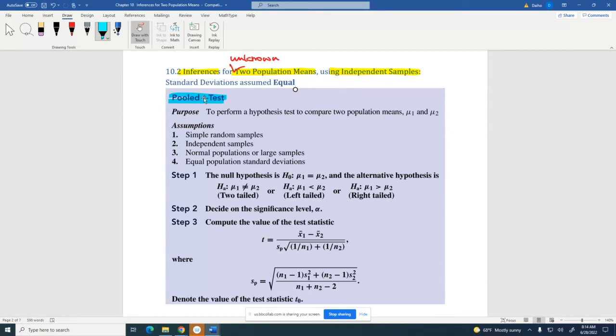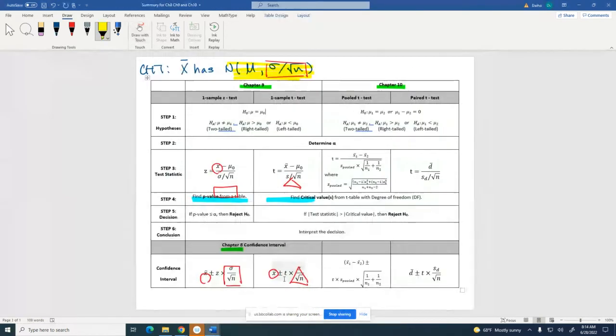Do you remember the z-test and t-test before? Yeah, I gave you the summary. The t-test and z-test are almost the same. In chapter 10, when we have two groups, two populations, the z-test and t-test are almost the same.